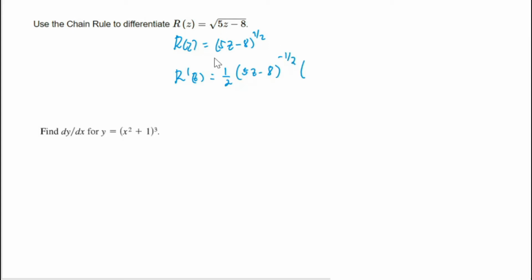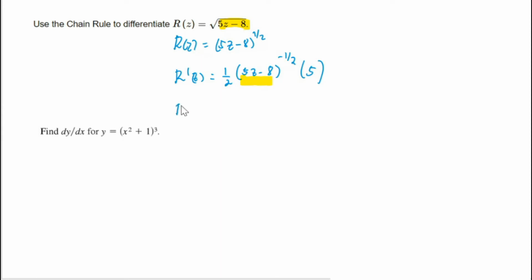Then you take the derivative of the base, which is 5z minus 8, or we're going to take the derivative of the radicand. The derivative of 5z is 5, and the derivative of negative 8 is equal to 0. So therefore, we only have to multiply this now.